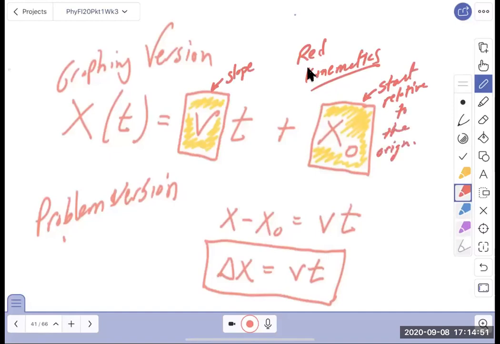Like our origin was, I know it's complicated because of having to do it inside the building yesterday, but our origin was the sidewalk just south of the science lot. But when I was inside, the origin was the North Diamond, the hallway, but we're still plotting these all on the same graph.